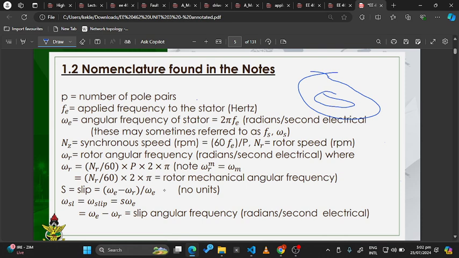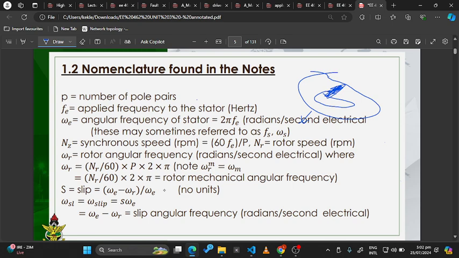Assume we decided to leave no space between the stator and the rotor. The question is, how is the rotor going to rotate in order to cause the shaft to rotate? Because the shaft is clamped to the rotor. It is the rotor movement that causes the shaft to move.